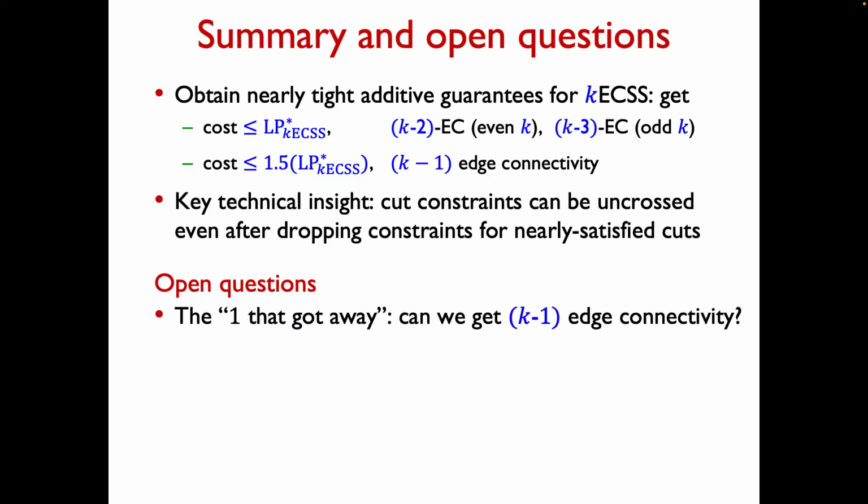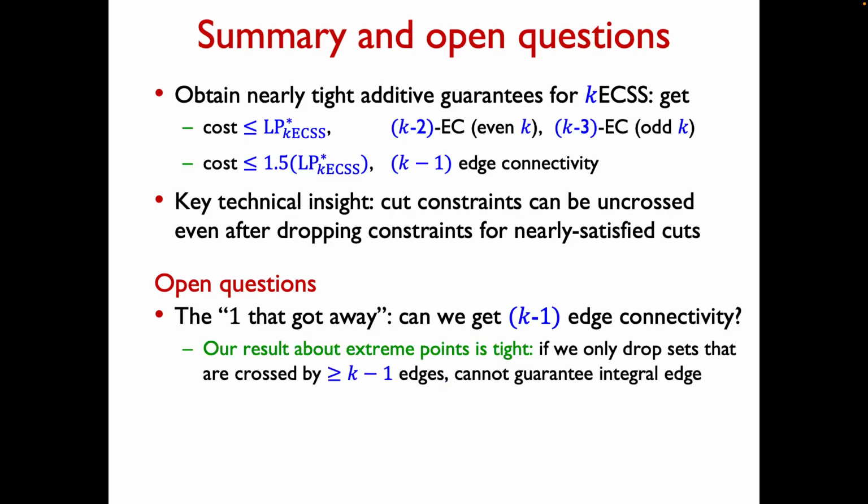And some open questions. There is the obvious open question: can we get k minus 1? That would sort of close it, if we wanted to get cost at most the LP solution. There is another open question which I mentioned earlier, but I didn't put it here: can we get a feasible solution but better than a 2 approximation?